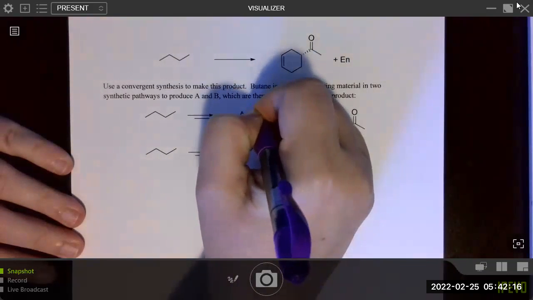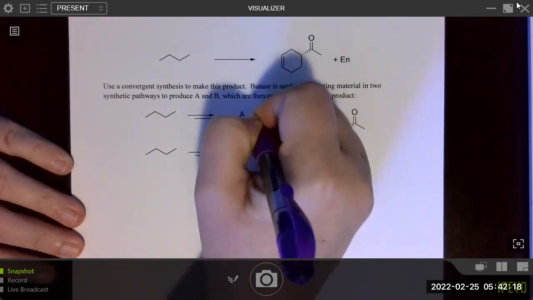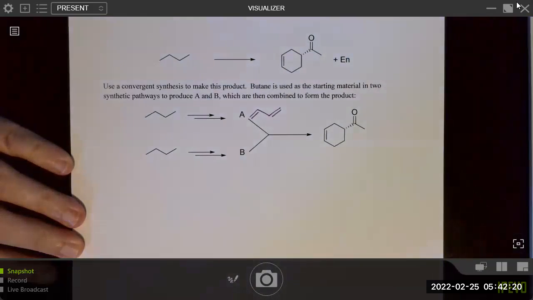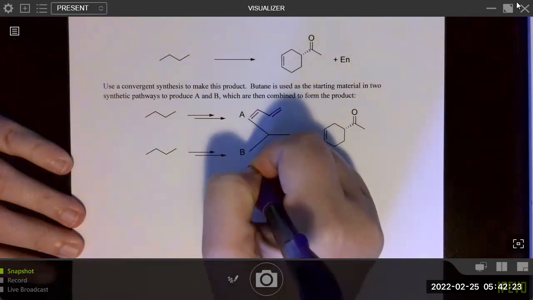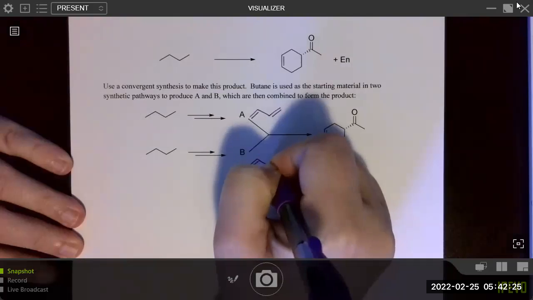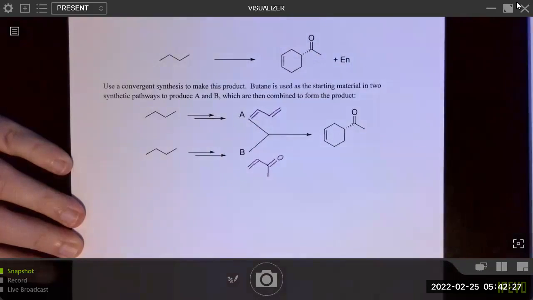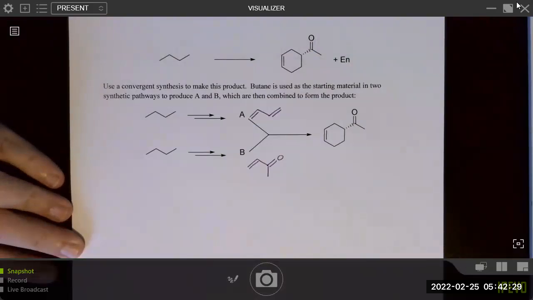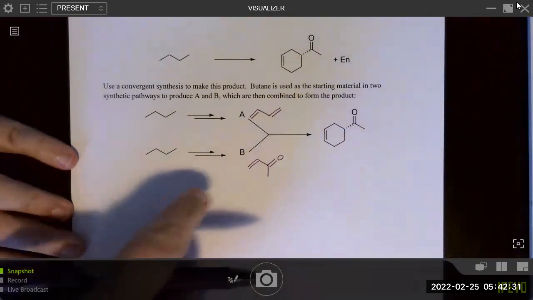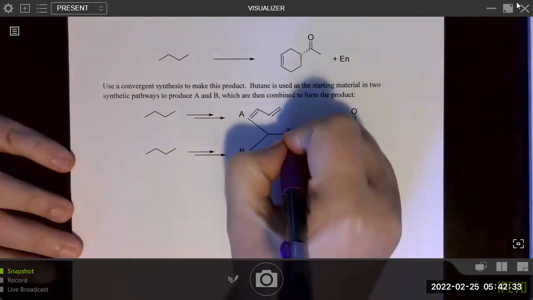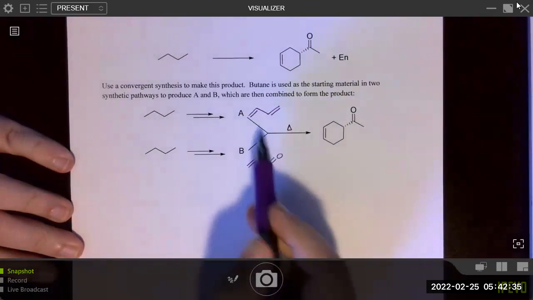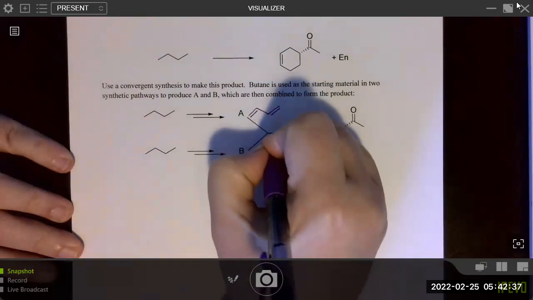So perhaps for A, we should be targeting 1,3-butadiene and then the dienophile, which would be that structure. So again, our target will really be this, and then we'll do some heating in order to do a Diels-Alder reaction to produce the product.